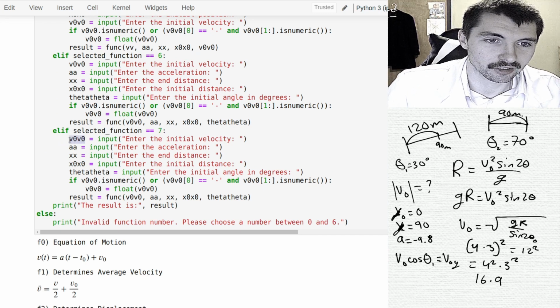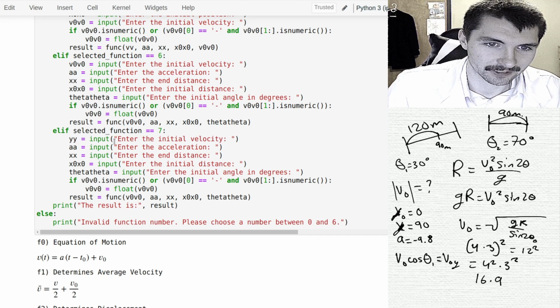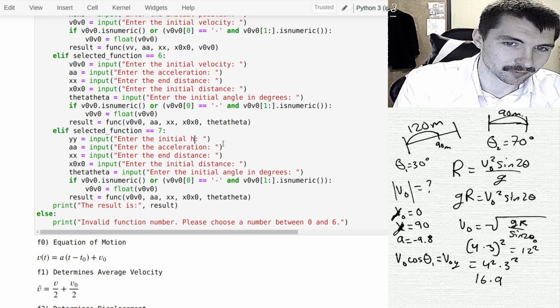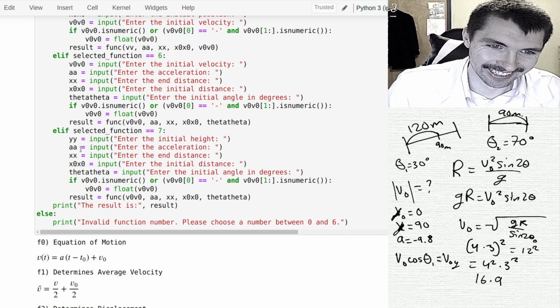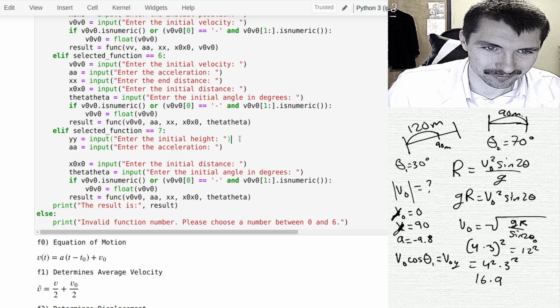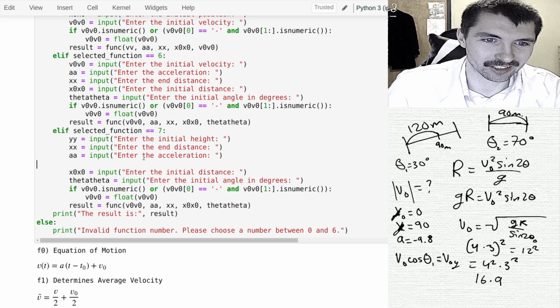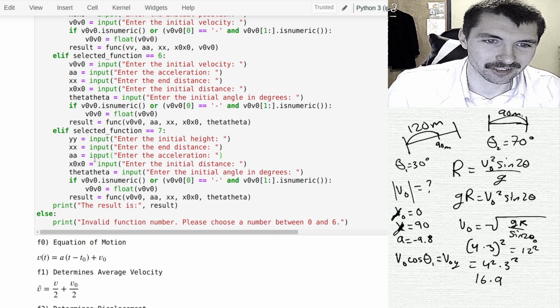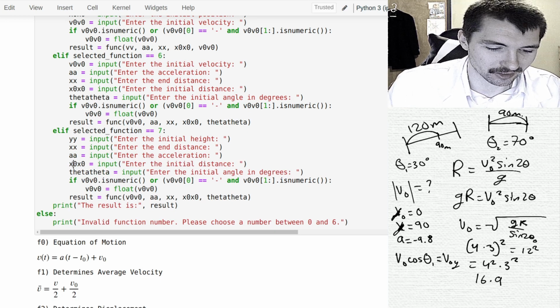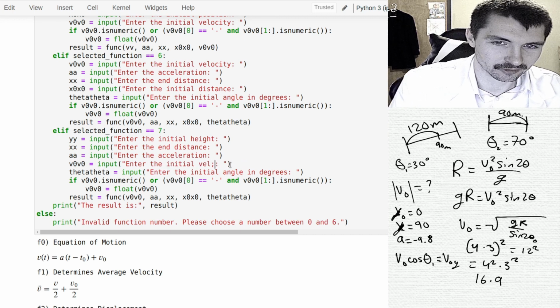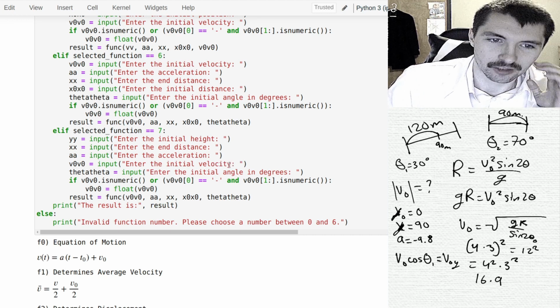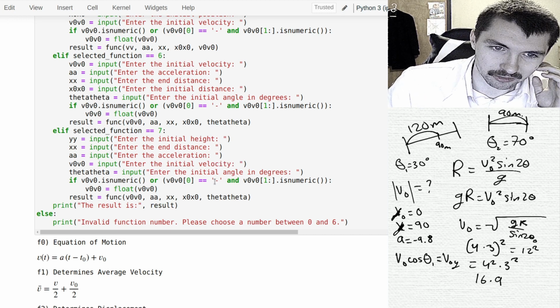So y, enter initial height, I think. All right. X, enter end distance, enter acceleration. V naught. Theta, angle in degrees.